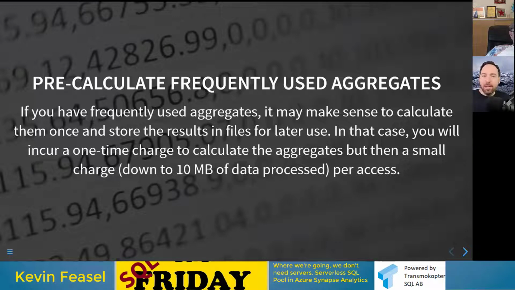I may pre-calculate my annual aggregations so that I have one row per year instead of having to recreate that every time I run the report, because then I only pay for that processing charge once, and then I pay for 10 megabytes for my one row per year. So that can be a massive performance difference, much better performance, and also much cheaper.